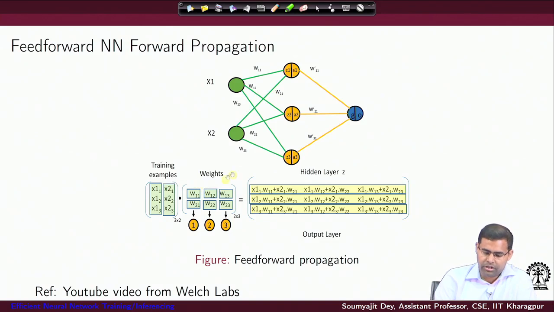Since the weights functionally form here a 3 cross 2 matrix, you multiply it like this to get components flowing through the entire chain, right. Since you are really going to have this kind of a setup, you have these many values propagating through the layers.